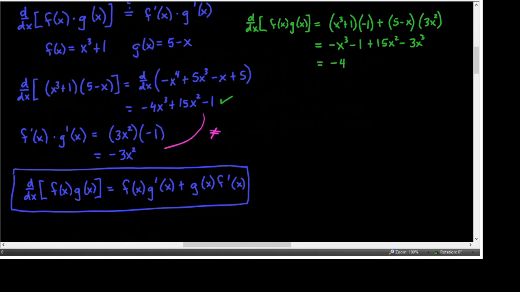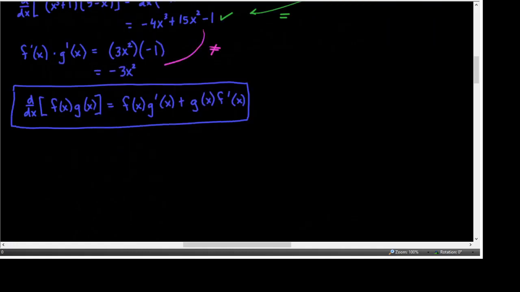I've got two x cubed terms. Negative 1 and negative 3 add up to be negative 4. And if I want to put it in descending order to make comparison easier, this now and this are perfect matches. And that means that we've established that that derivative rule is correct.